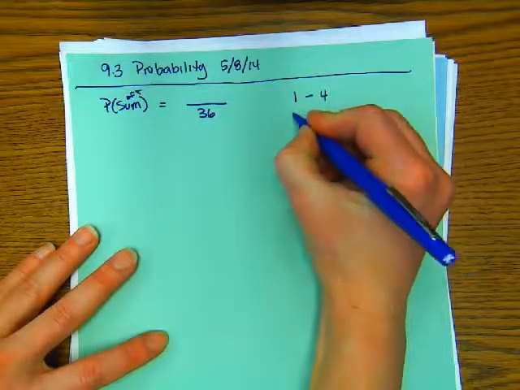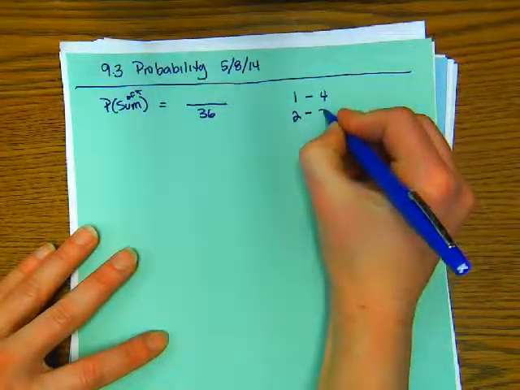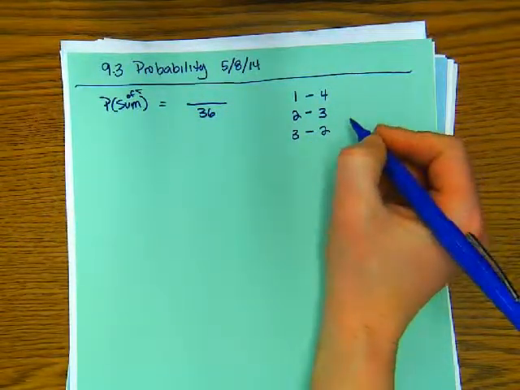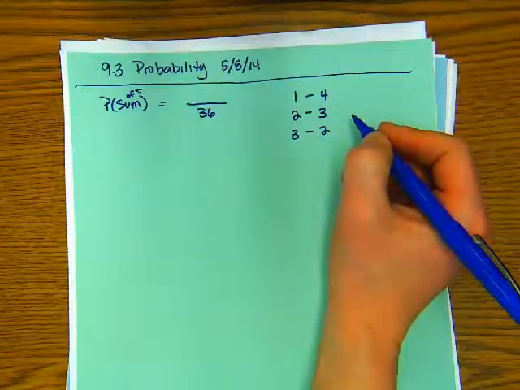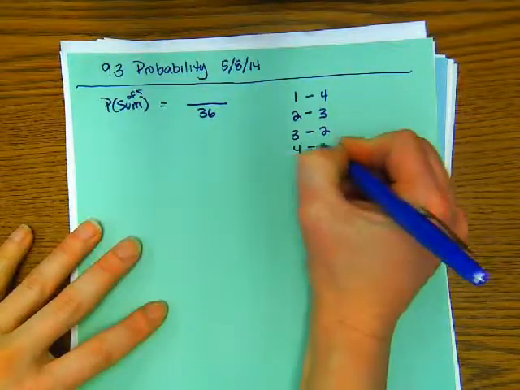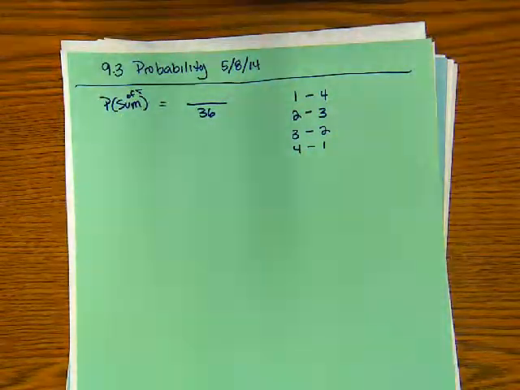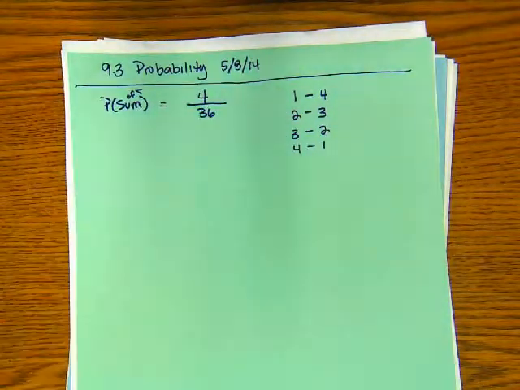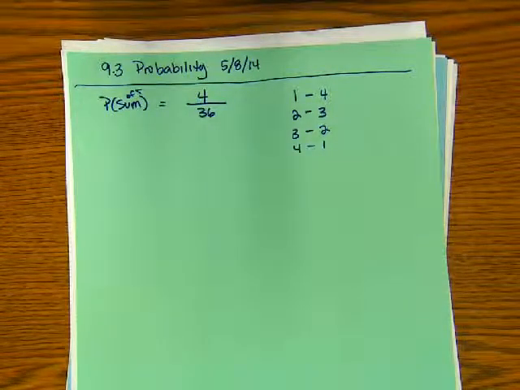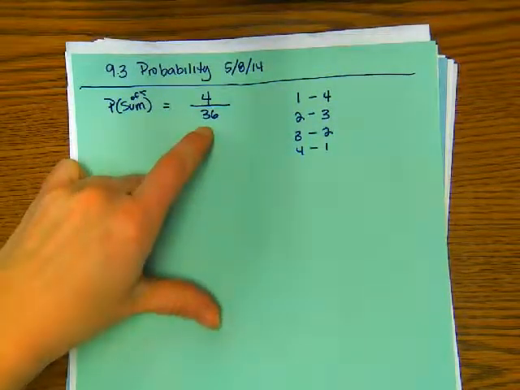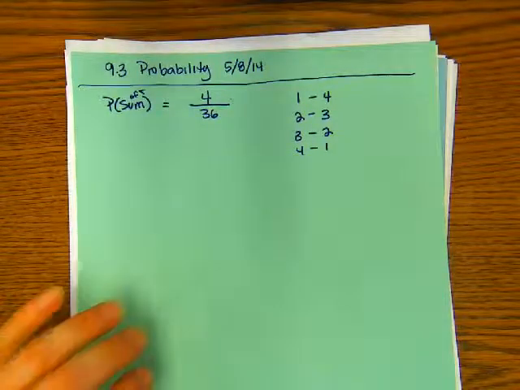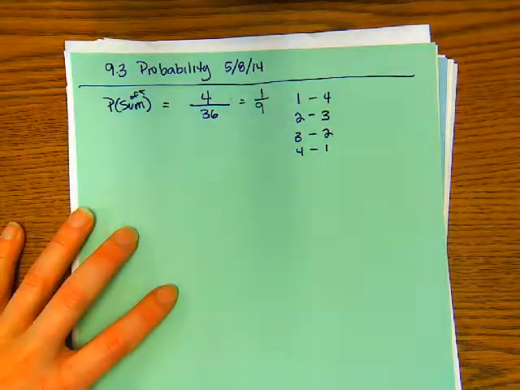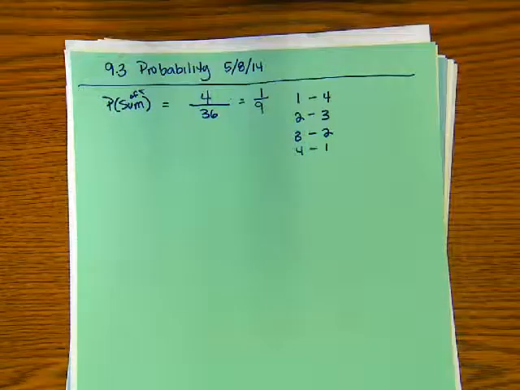A 2 and a 3. A 3 and a 2. Now notice those are not the same thing because they're 2 different dice. 4 and 1. How many ways can I get a sum of 5? 5 and 0. There's no 0. So there were 4 ways that I got a sum of 5. We know there are 36 possibilities because 6 times 6. So the probability would be 4/36, or 1/9. Okay. Does that make sense so far?